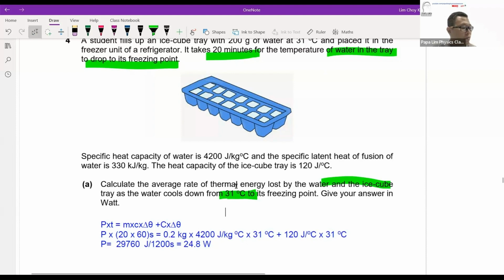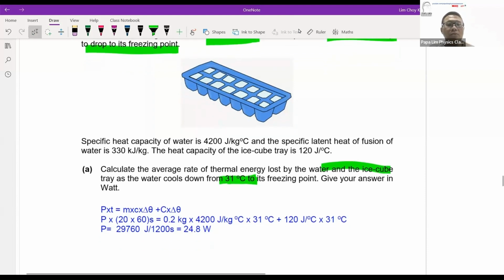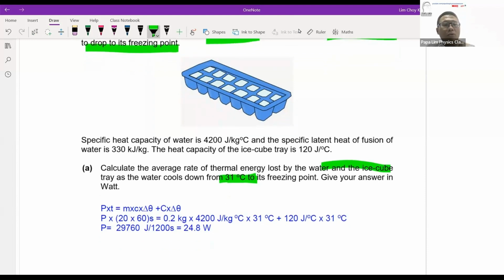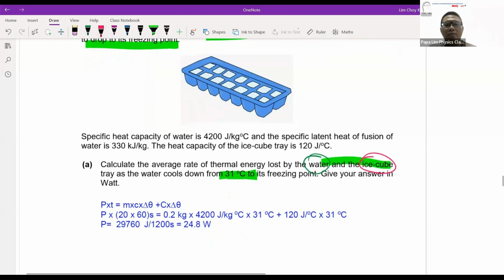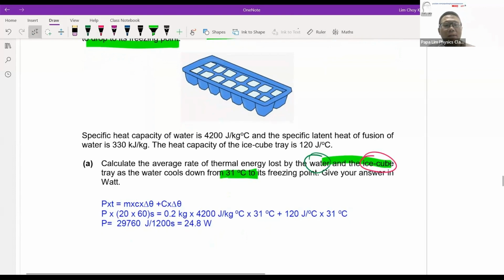Now when I'm looking at cooling down, there are actually two components here. I need to cool down the water first, and then the ice cube tray. So in this case, we are looking at water first. The water is at 31 degrees. If you look at the cooling curve for water, this is the temperature.